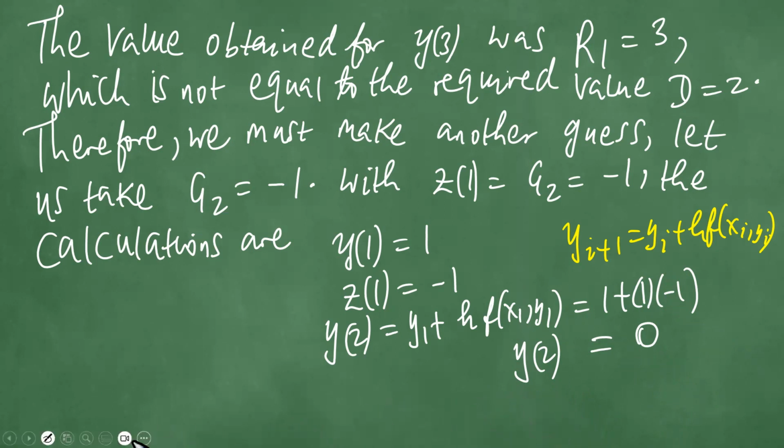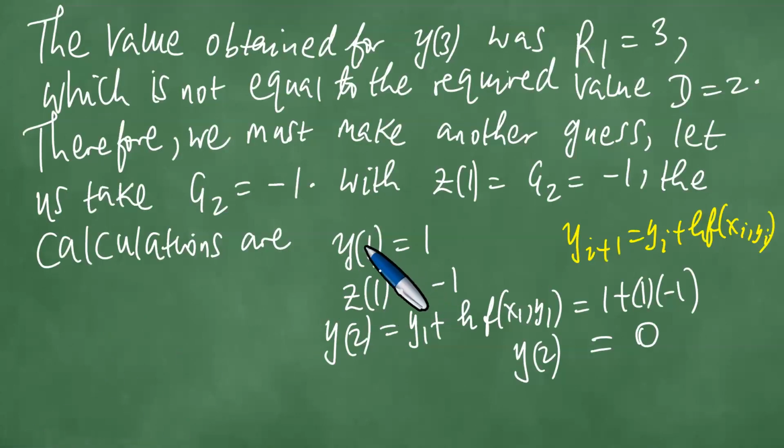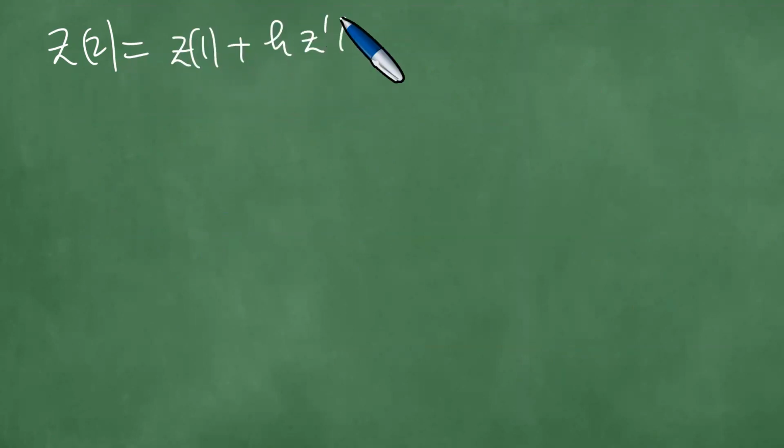And then there's z2. Now we get y1, z1, y1, z1, y2, z2. So this z2 is going to be z1 plus h times z primed at 1.